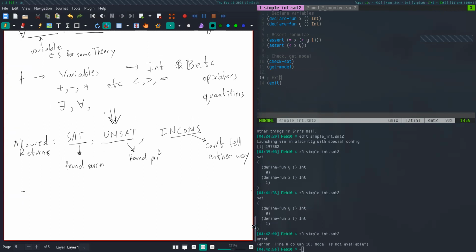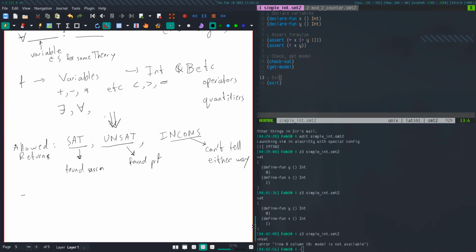Just to confirm, can these SAT solvers also prove statements, for example, a typical theorem in number theory? Yeah, that's where this idea of things being first order comes in.